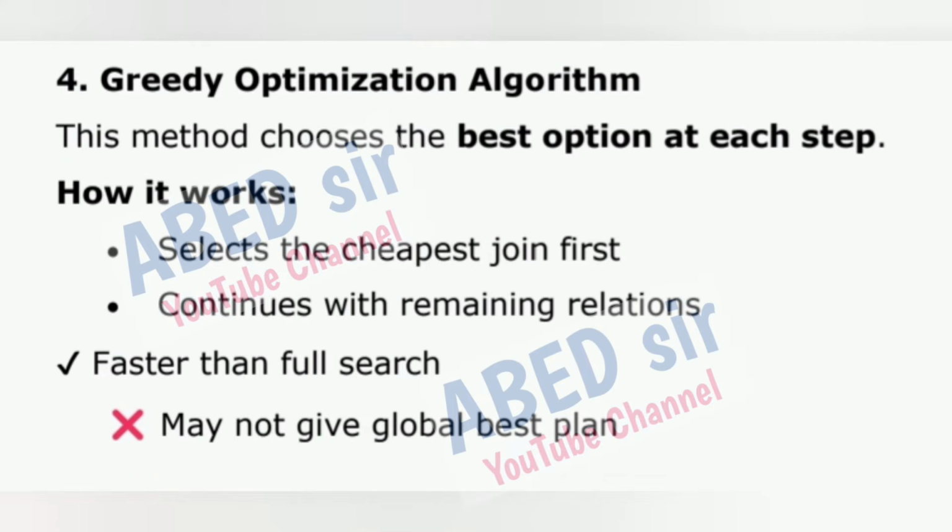Greedy optimization algorithm. This method chooses the best option at each step. How it works. Selects the cheapest join first. Continues with remaining relations. Faster than full search. May not give global best plan.